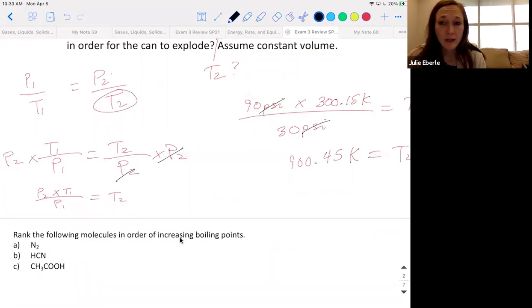If they all have different types, it should be pretty easy to arrange them. Molecules that are nonpolar and have London dispersion or van der Waals, those will have the lowest boiling point. Molecules with hydrogen bonds will have the highest boiling point. Molecules in between, dipolar, that are polar molecules, will have in between boiling points.